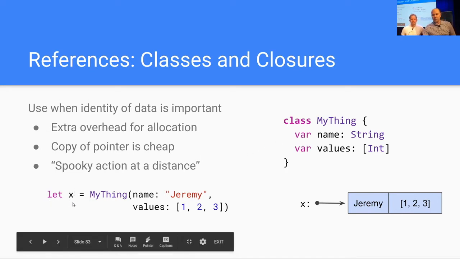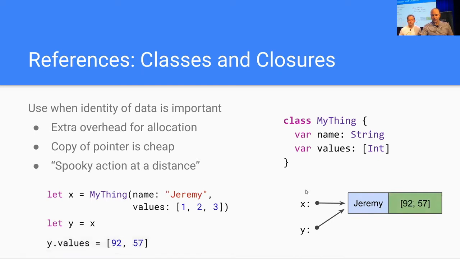Yes, that's exactly right. And now what happens with references is you now get copies of that reference. And so when I copy x into y, just like in PyTorch or Python, I have another reference or another pointer to the same data. And so that's why when I change the array through y, it's also going to change the data that you see through x.